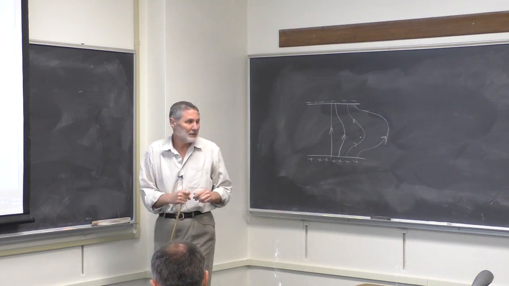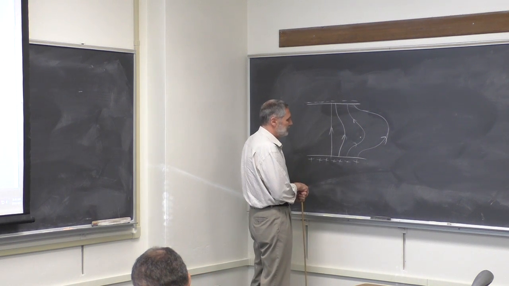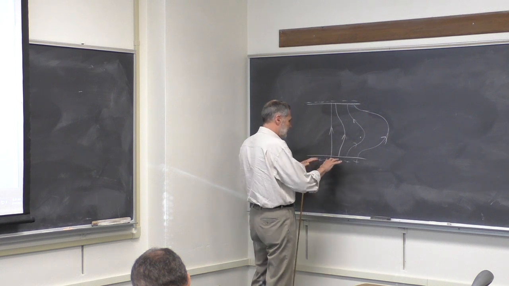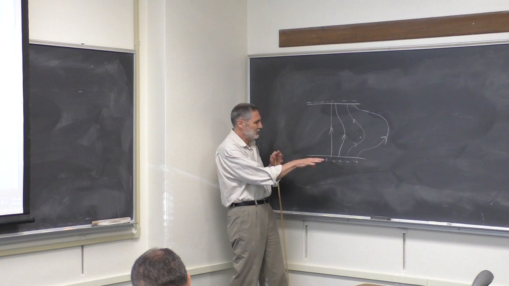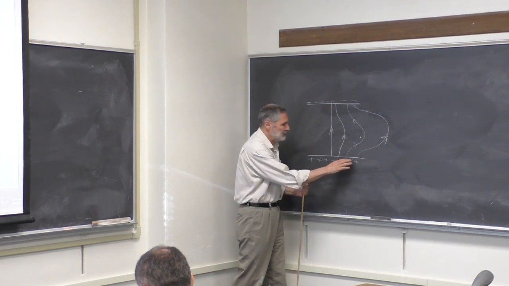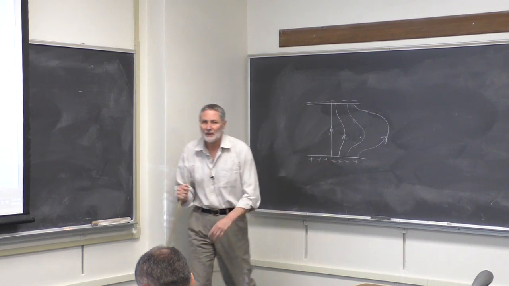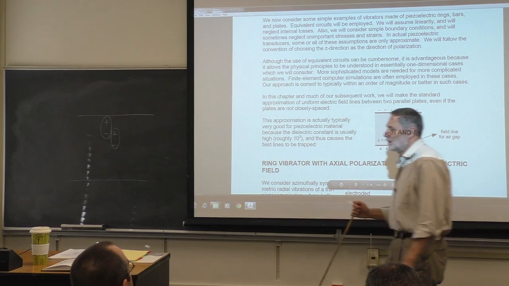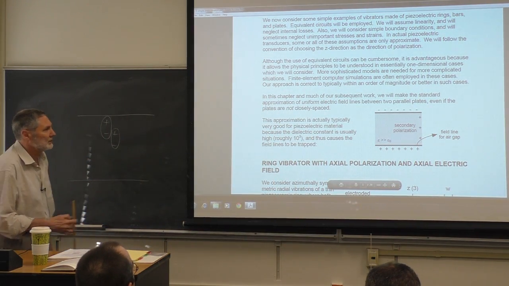Actually, I don't know the answer to this question. It feels like it should be denser out here. The charge is repelling itself, so I think there won't be a uniform charge density. I think it's probably going to be denser out there. It doesn't matter for us because we're going to assume we have a uniform polarization here.